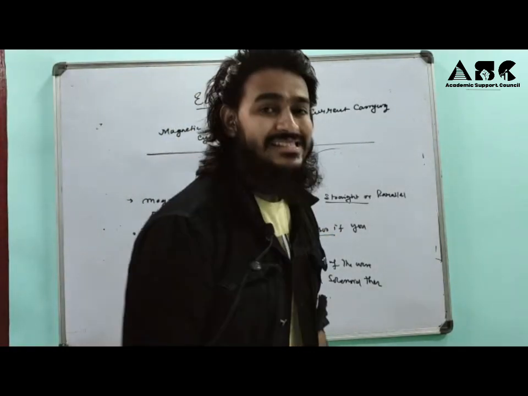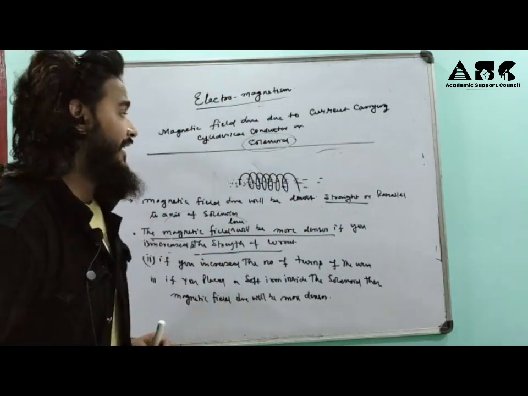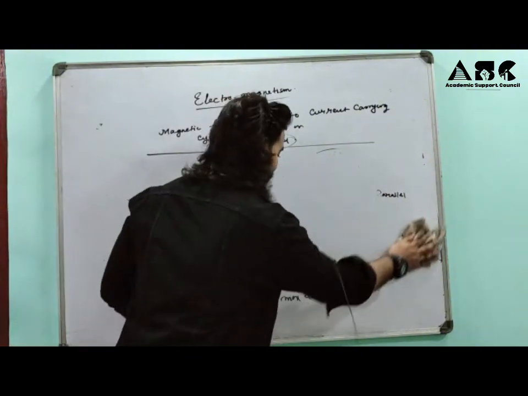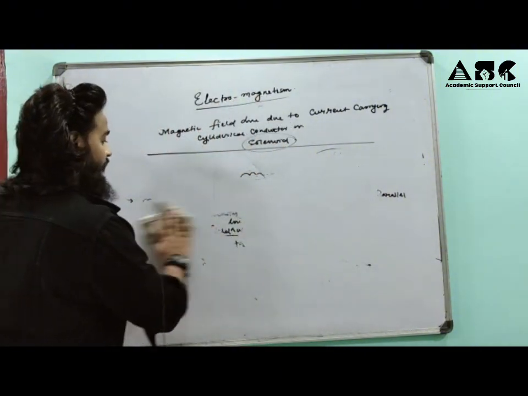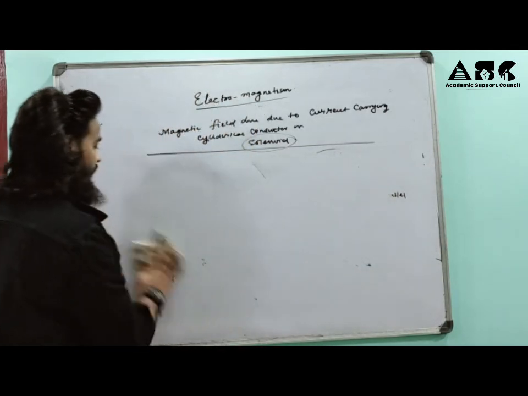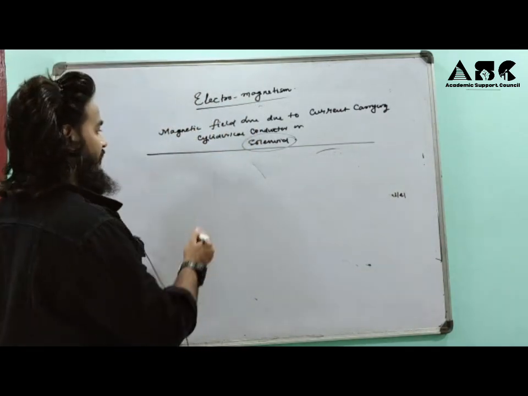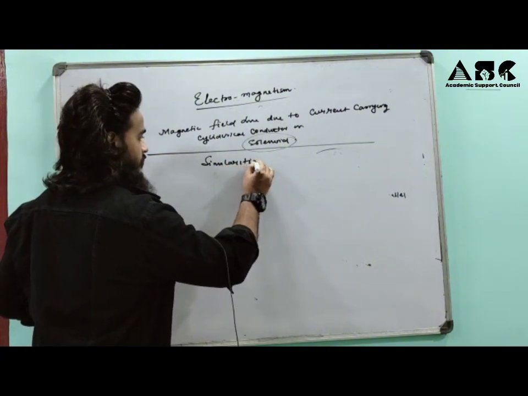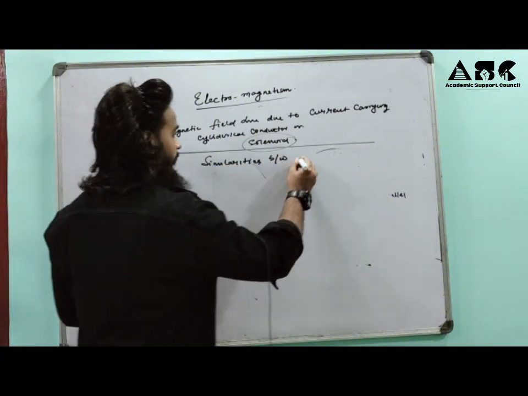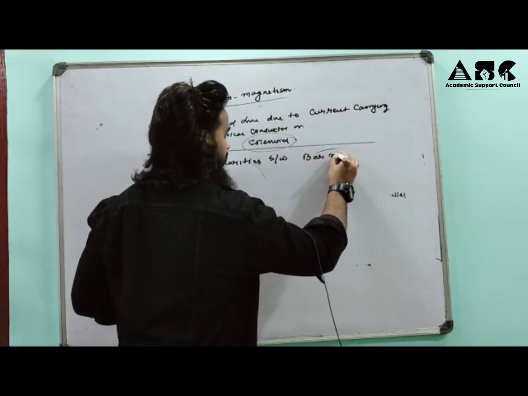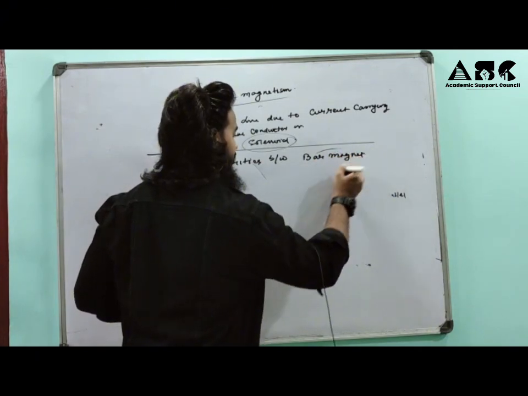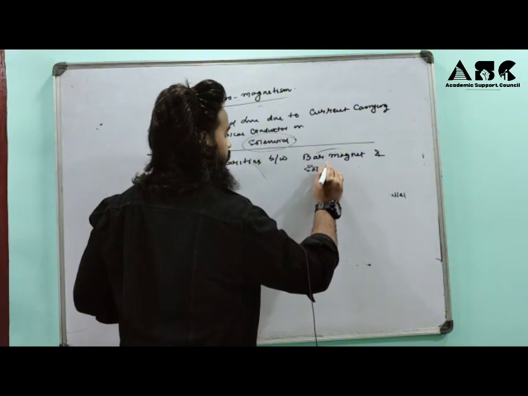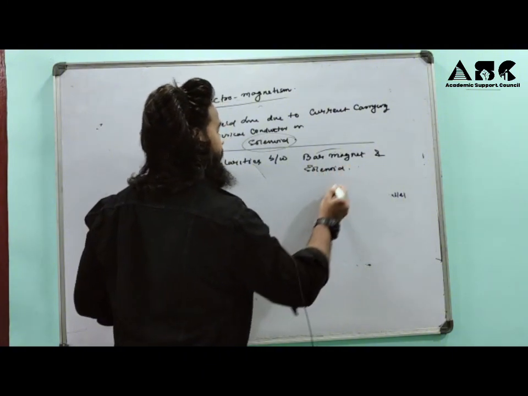Now let's see the similarities between a bar magnet and a solenoid. Avoid my spelling in English.